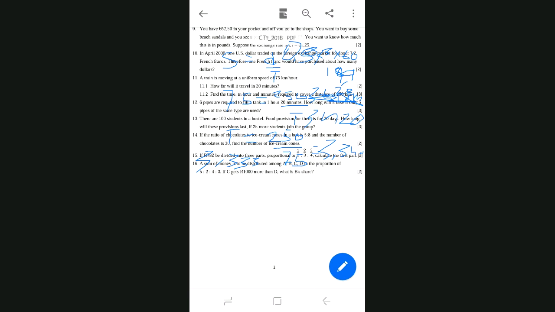So let us look at the next one. Our next one says that 6 pipes are required to fill a tank in 1 hour, 20 minutes. How long will it take if 5 pipes of the same type are used?